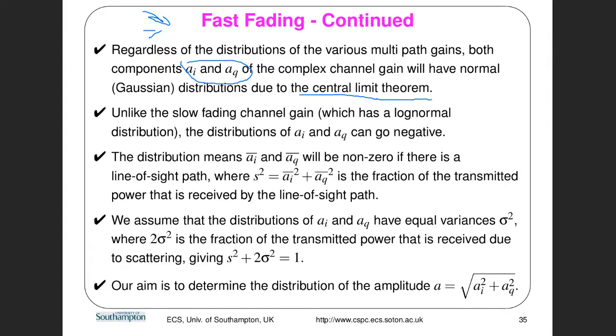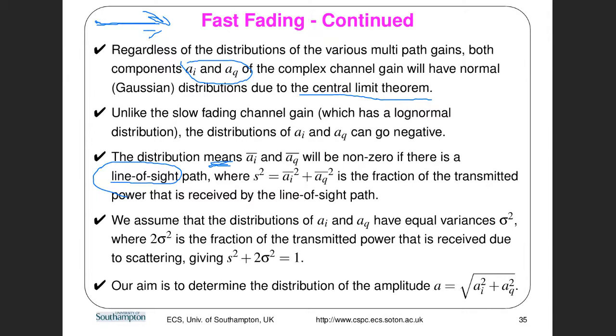And if we have line of sight, for example, line of sight is a fixed thing, a known thing, because there's only one direct link from the transmitter to the receiver. So line of sight is always fixed. It determines the mean of the Gaussian distribution.